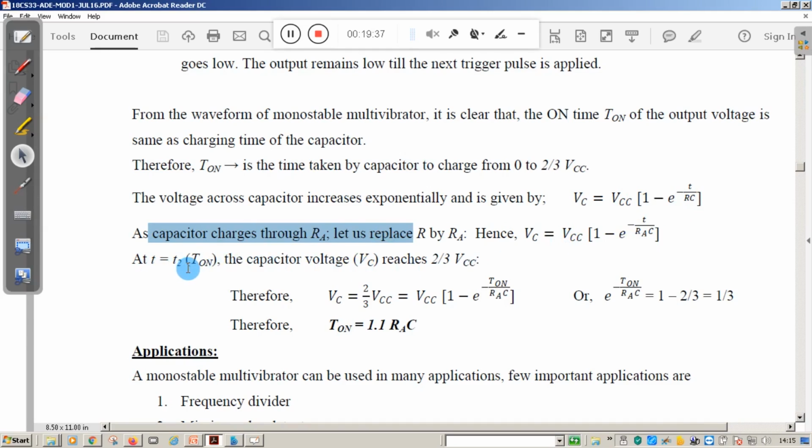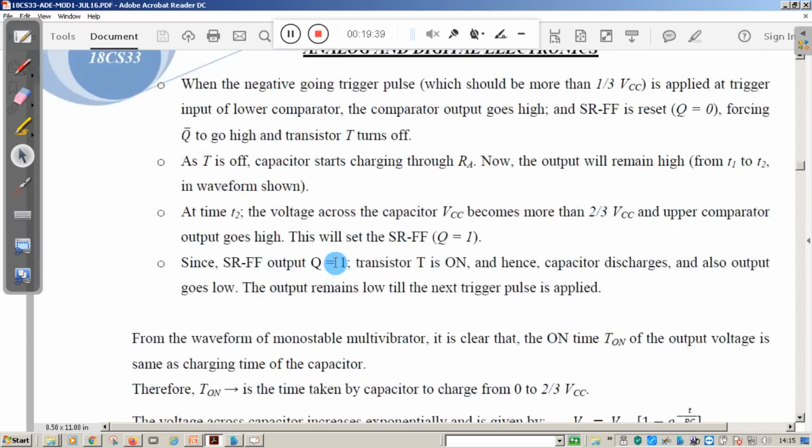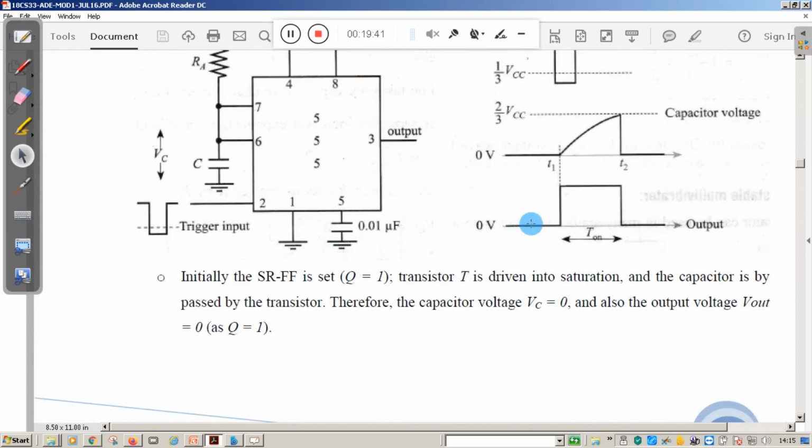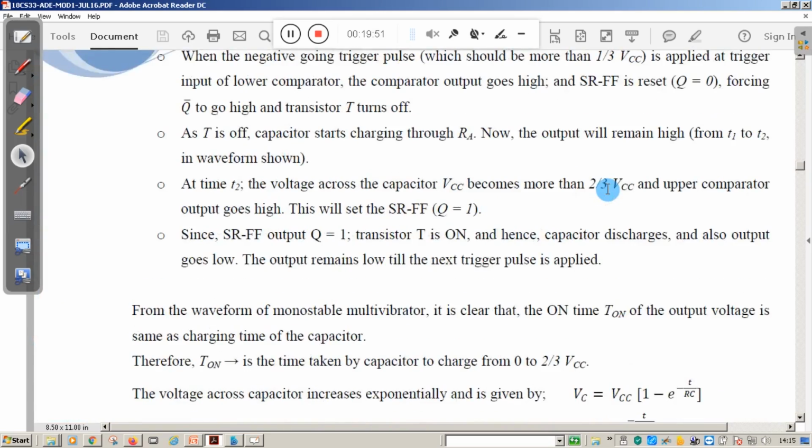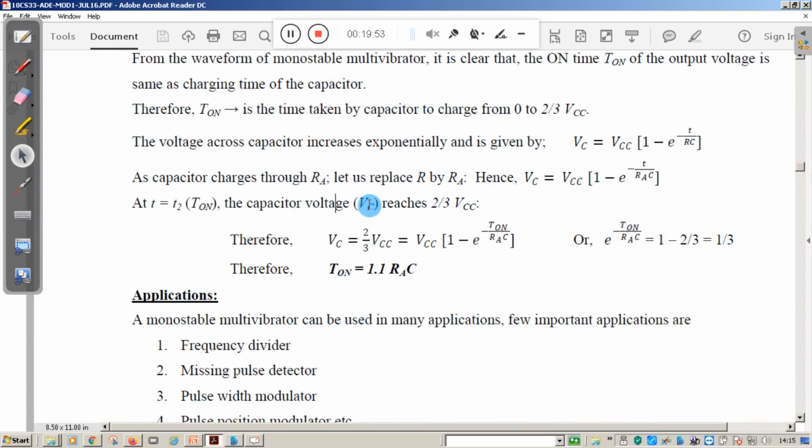At t = T1, the value of the voltage across the capacitor is 2/3 VCC.